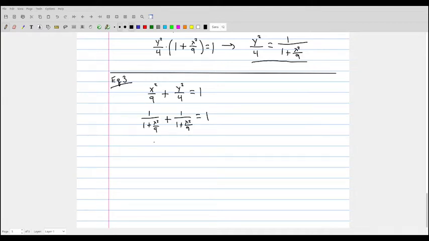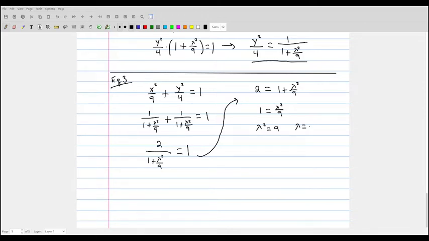Which gives us the equation 2 over 1 plus lambda squared over 9 is equal to 1, or 2 is equal to 1 plus lambda squared over 9, or 1 is equal to lambda squared over 9, which means that lambda squared is equal to 9.